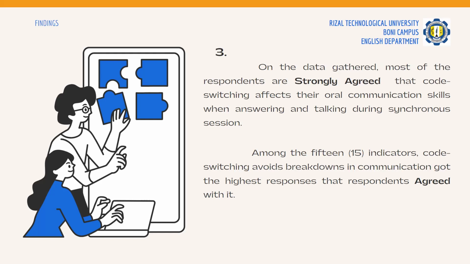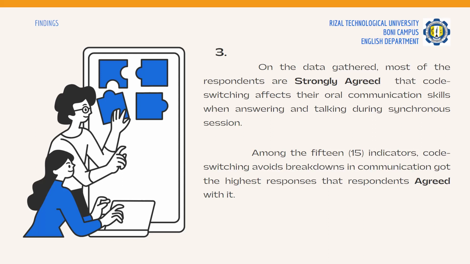Next. Okay, so another one is, among the 15 indicators, code switching avoids breakdowns in communication got the highest responses that respondents agreed with. Therefore, code switching avoids breakdown got the highest vote out of the 15 indicators presented to the respondents, and a high number of respondents agreed to that specific point.